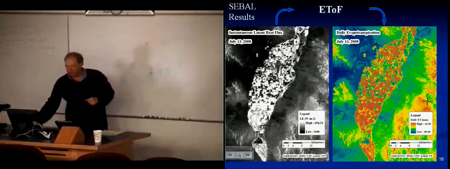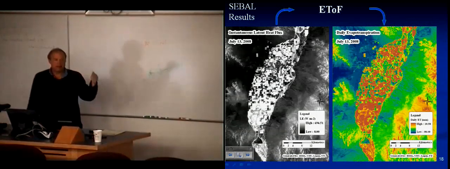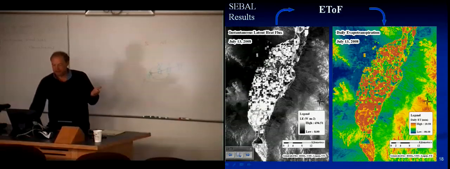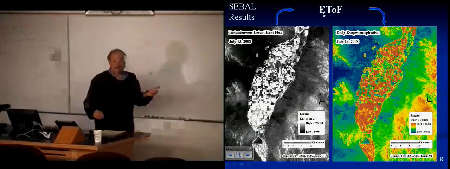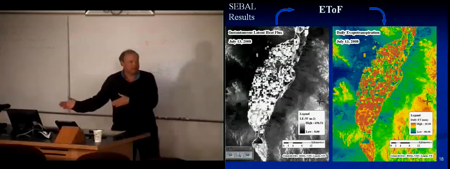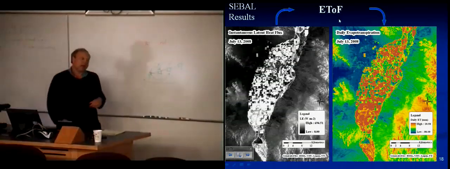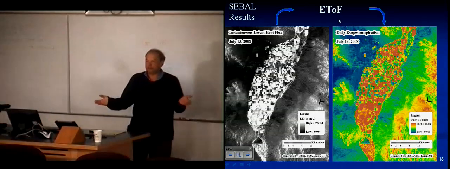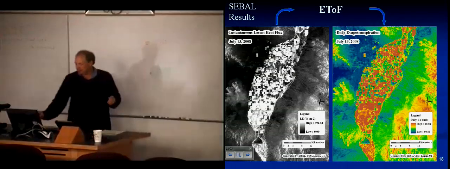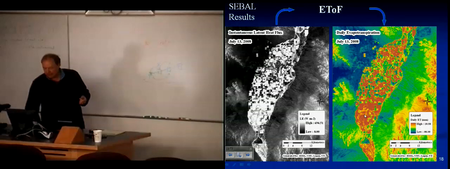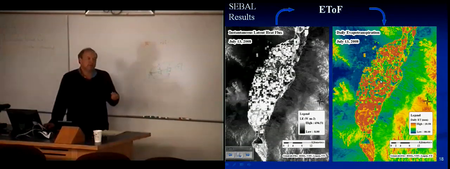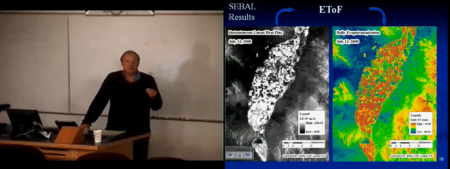Then finally, we get an instantaneous latent heat flux map, for the instant of the satellite overpass, pretty much an instant in time. We divide that by the reference ET from a weather station within the irrigated area. CIMIS, the California network of automated weather stations.